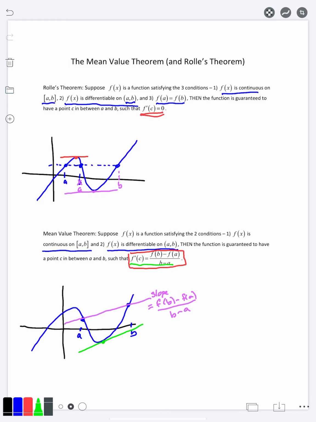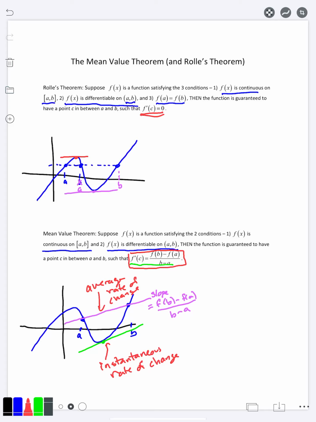And so this is particularly useful because it tells you that this right here is the average rate of change, and the slope of the tangent line is the instantaneous rate of change. And it tells you that at some point in time, the instantaneous rate of change is going to equal the average rate of change.